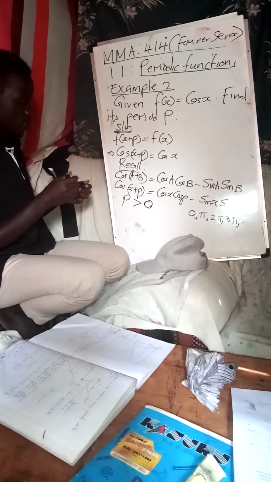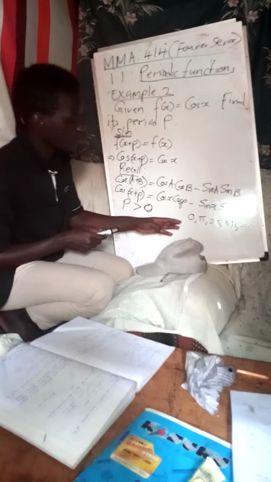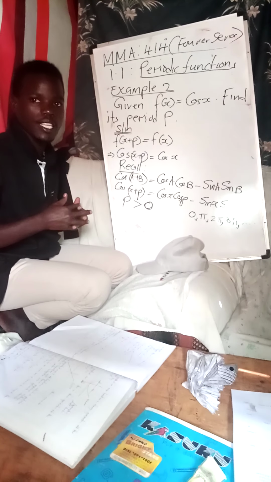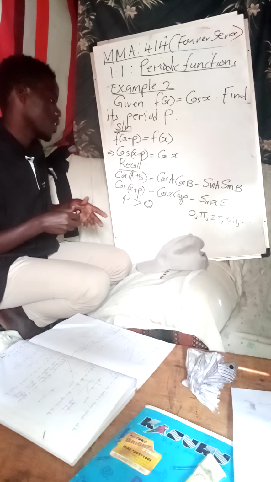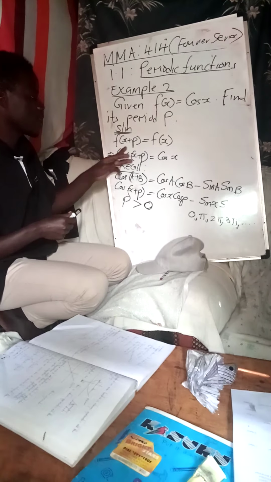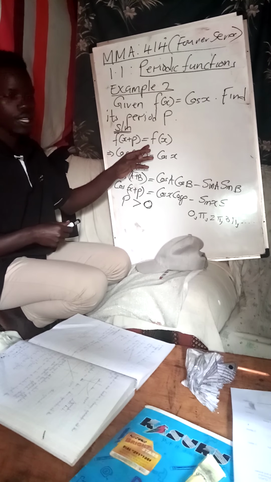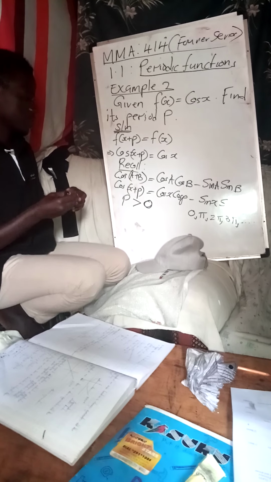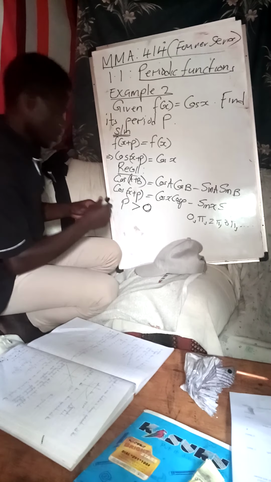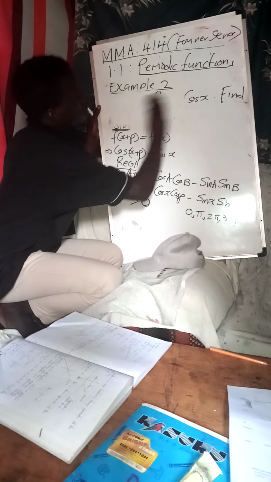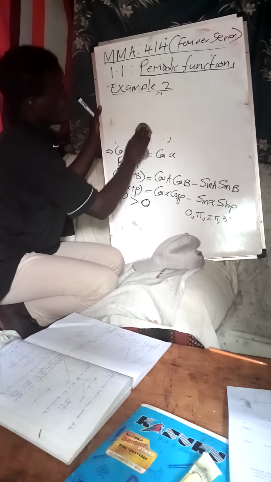From the given periods, that's where we are going to find the least p that will satisfy our formula f of x plus p equals f of x. So I'm going to proceed with the working.